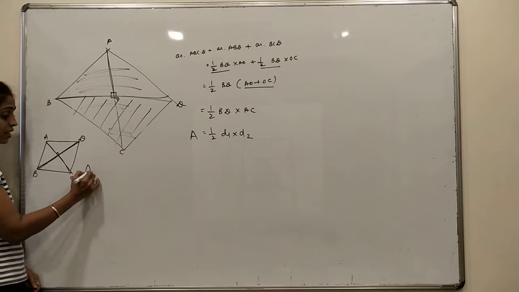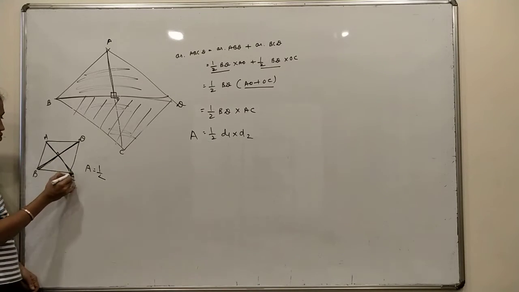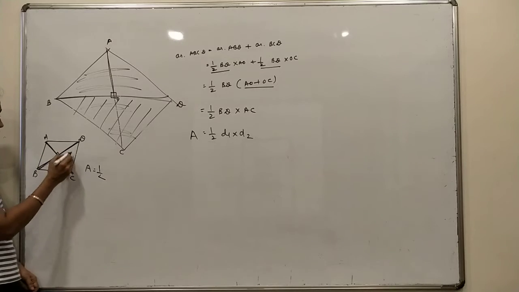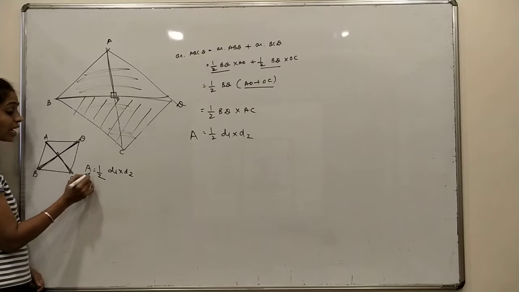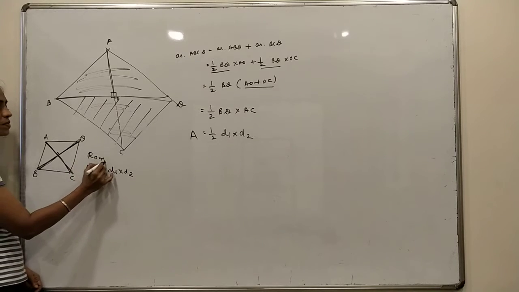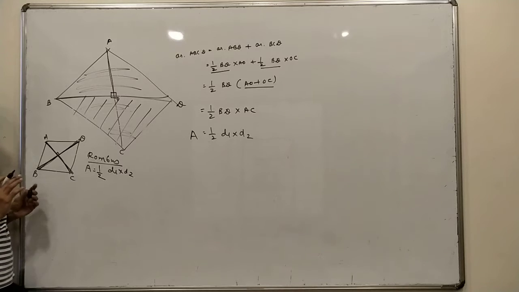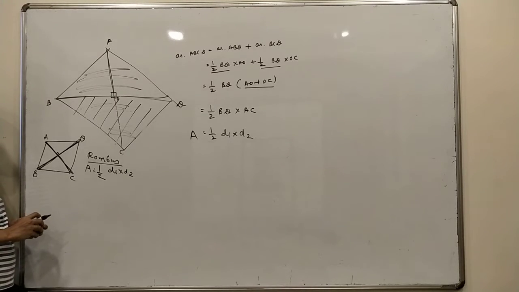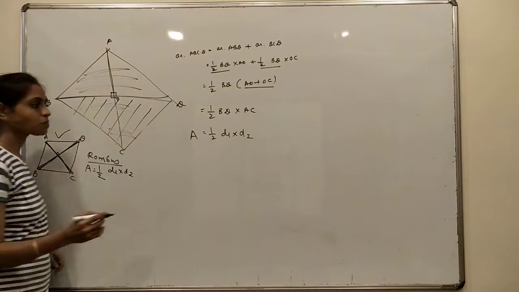So that area is 1/2 of diagonal 1 into diagonal 2, that is AC into BD. Area of rhombus, because we know that rhombus diagonals bisect each other at 90 degrees, right? So in which quadrilaterals do diagonals bisect at 90 degrees? First is the rhombus.